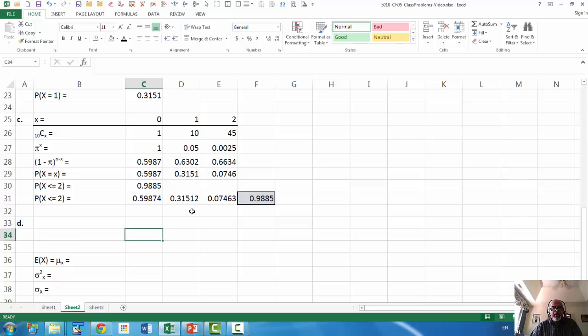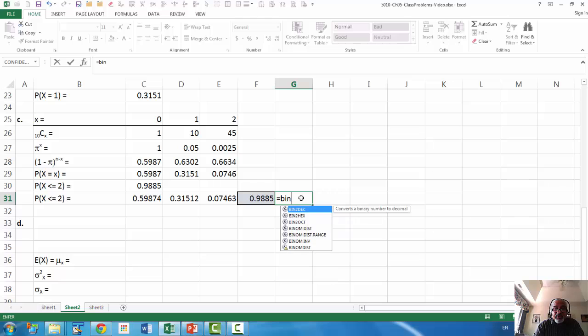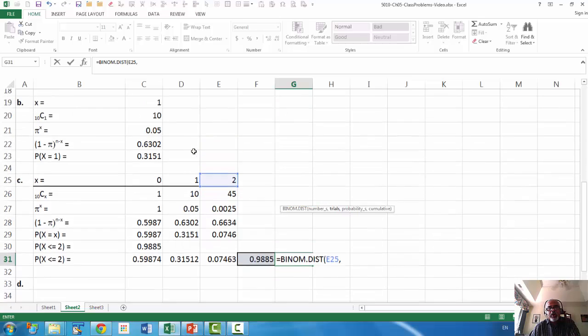Now instead of finding the individual probabilities, if you want to find the cumulative probability directly, then you simply use binomial distribution. Now use 2, x equal to 2. You don't have to do 0 and 1.